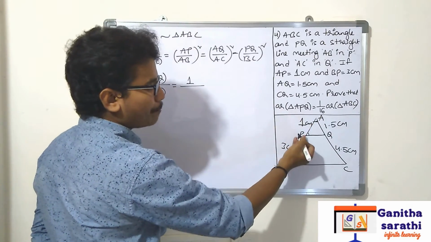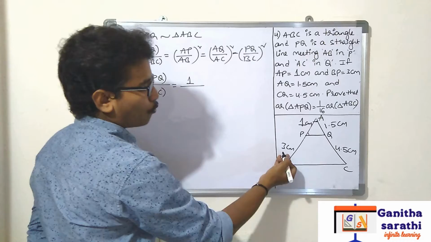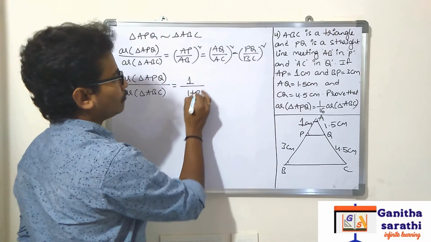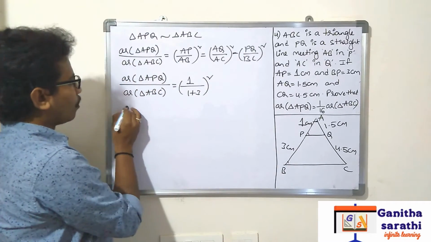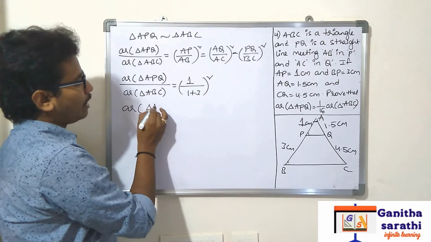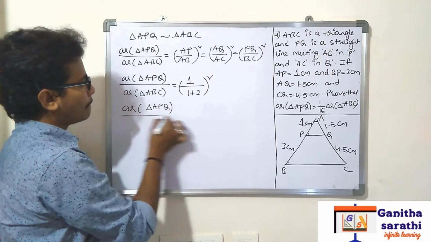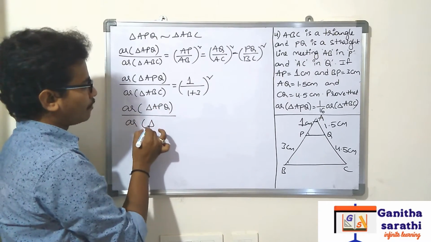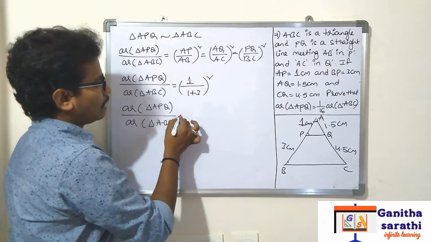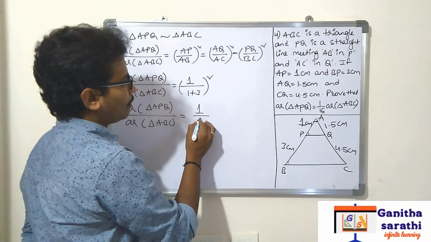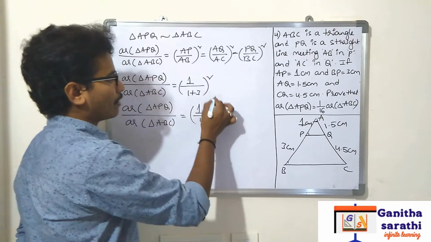AB will be AP plus PB, means 1 plus 3 whole square. Okay, now area of triangle APQ by area of triangle ABC is equal to 1 by (1 plus 3), that is 4, whole square.